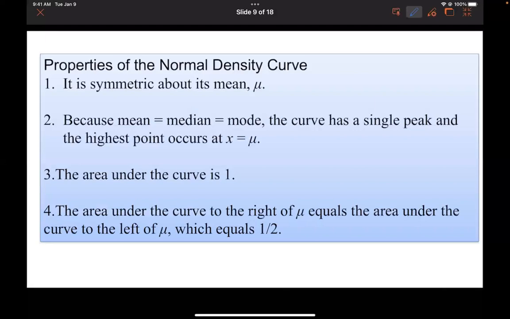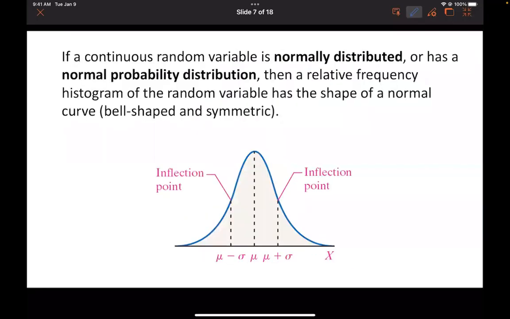So you have 50% probability of being on the right of the mean and 50% probability of being on the left. Give you a minute for those of you writing stuff down. The PowerPoint says it has inflection points of mean minus standard deviation and mean plus standard deviation. And then the next one says, it was right here. You're talking about that?